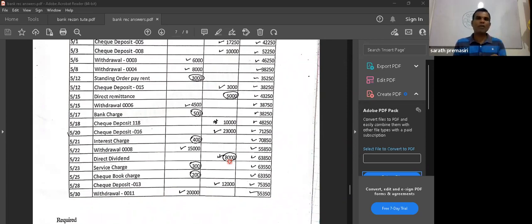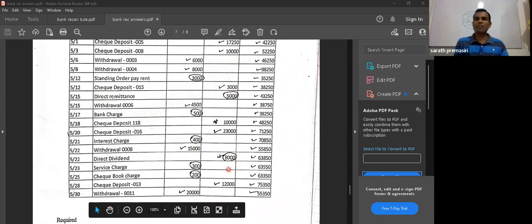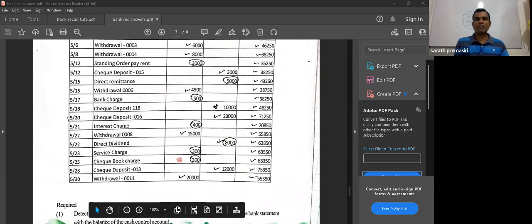You see, these details are not known to the cashier until he receives the bank statement. That is why the cashier has not recorded all these transactions, and why we treat them as unrecorded values. Now you can write here unrecorded direct remittance, unrecorded direct deposits, direct dividends.